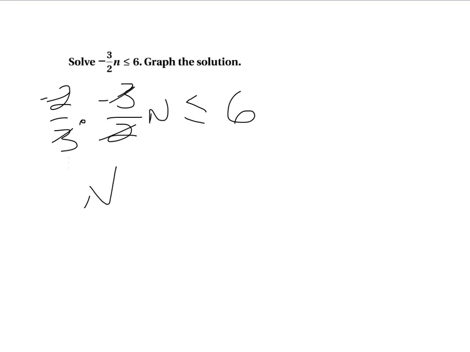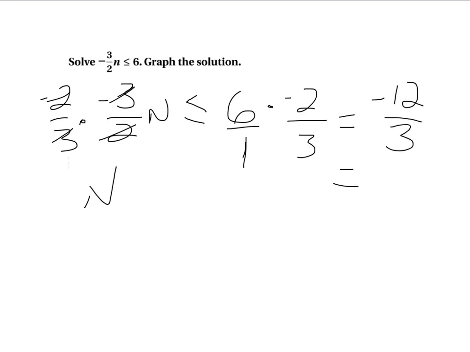On the other side, I am going to multiply by a negative 2/3, and when I do that, I am going to get negative 12 over a positive 3, which is going to be a negative 4. So I had a positive number here, and I've now made it a negative. So again, because I have multiplied by a negative number, I am going to flip the sign, so now it becomes greater than or equal to a negative 4.